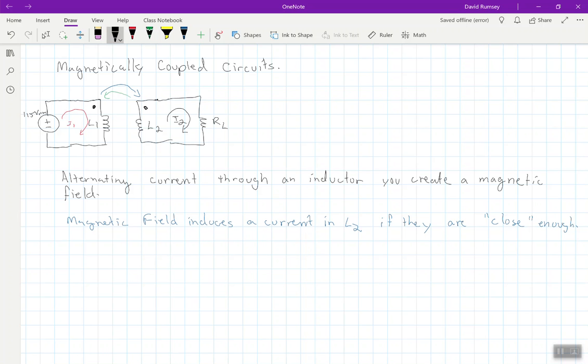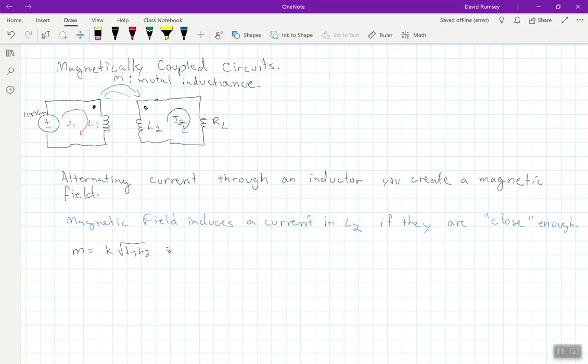Now, because these things are connected, we have something that we label as M, and we call this the mutual inductance. There's a formula for M, and it's K times the square root of L1 L2.